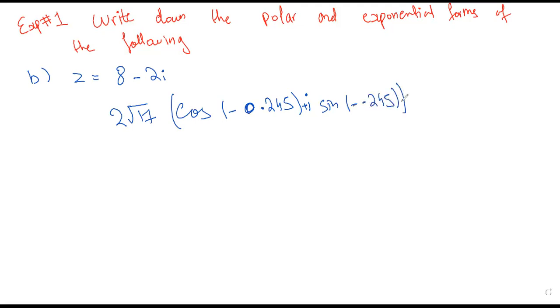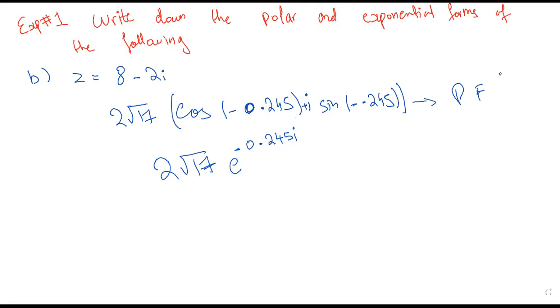This is the polar form, and the exponential form would be again r, that is 2 under root 17, and then we have e to the power iota theta. So that would be minus 0.245 iota, right? Okay.